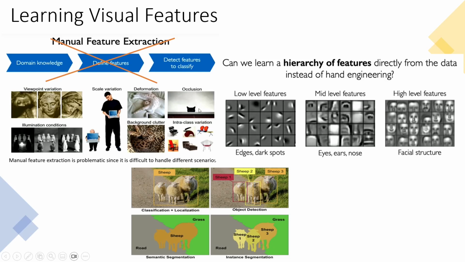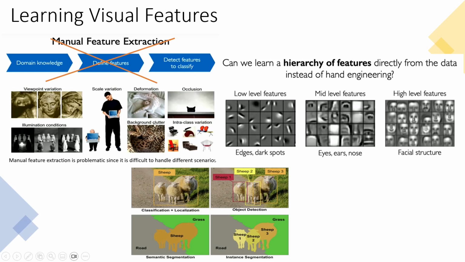You usually don't see everything that you are searching for. Let's say we are searching for a cat, and this is the head of a cat. That's actually a part of the head. That's not even the full head of the cat. So if you are behind the full body of the cat, then your manually extracted features wouldn't work. So your features should be immune to occlusion as well.